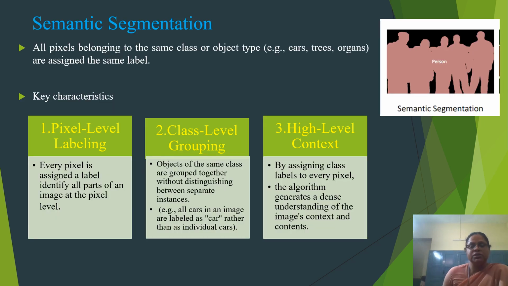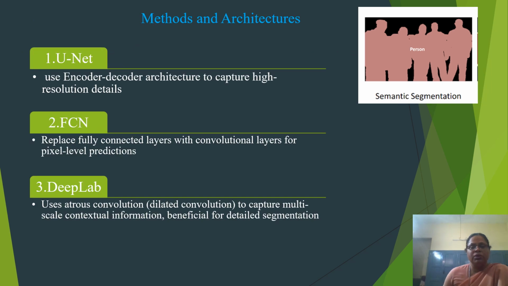Semantic segmentation: all pixels belonging to the same class or object are assigned the same class. Its key characteristics are pixel-level labeling, class-level grouping, and high-level context. The methods and architectures are UNet, FCN, and DeepLab.